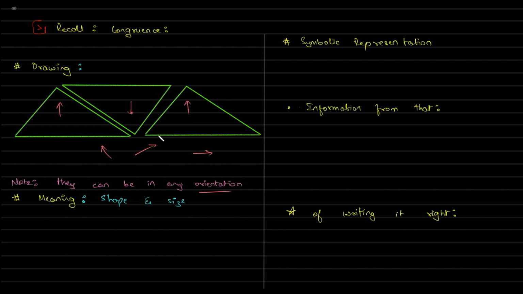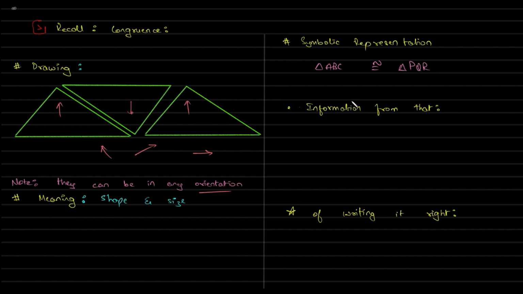Okay. This is a bit of information just for your knowledge. The next important thing is the representation. Let me write a line below. Triangle ABC is congruent to triangle PQR.